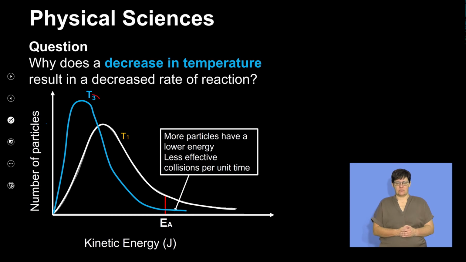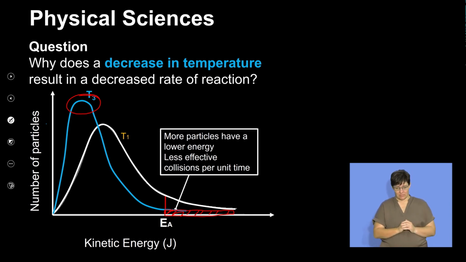So when we have a decrease in our temperature, we have more particles that on average have a lower kinetic energy. And if we look at our blue curve, only that part of the particles will actually result in product, because only that part of the particles will have effective collisions.